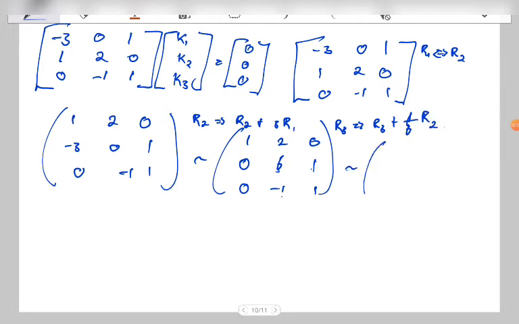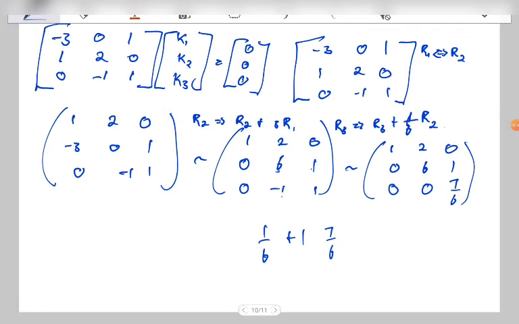So this is going to give you, this is 1 2 0, and then this is 0 6 1, then this is going to be 0. So this and that, when you're using that, it's going to be 0, and then you multiply this, it is going to be 1 over 6, and you add it to 1, which is going to be 7 over 6. Okay, so here you have 7 over 6.